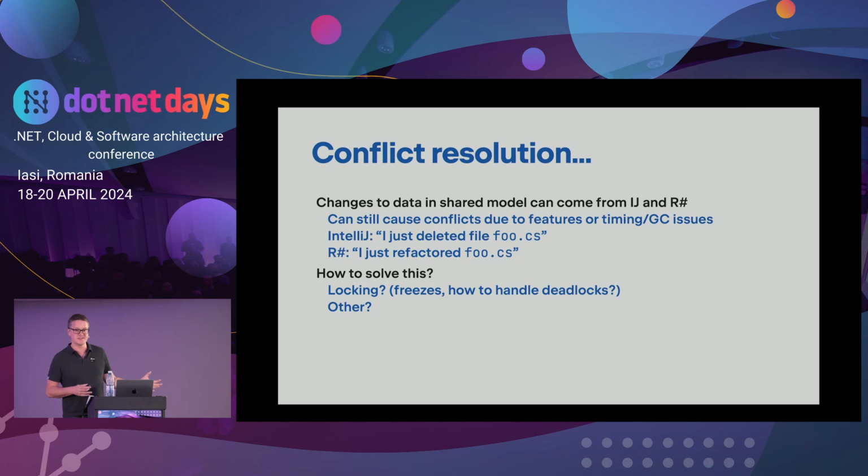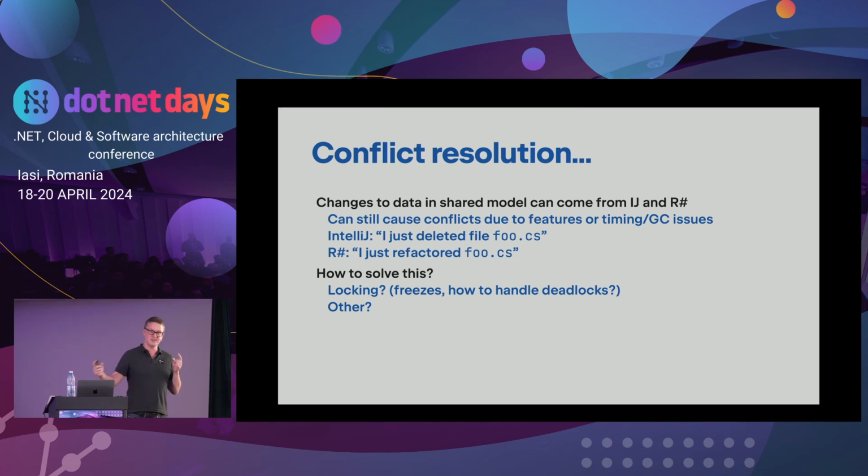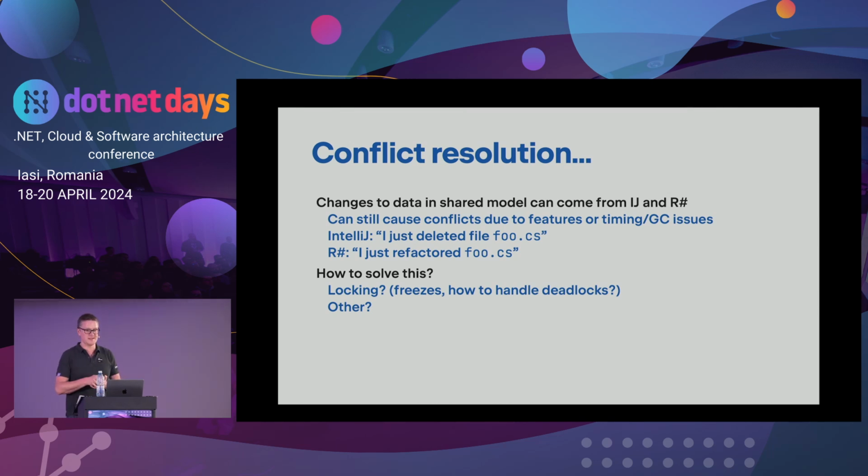And having two processes running at the same time means that garbage collection can happen in two processes at different times, and maybe something in ReSharper doesn't trigger at the right time for something added into a specific collection, and vice versa. There could be timing issues with IntelliJ saying, I just deleted this specific file, and ReSharper saying, hey, I just refactored that file. That's 1 millisecond difference. Who wins?